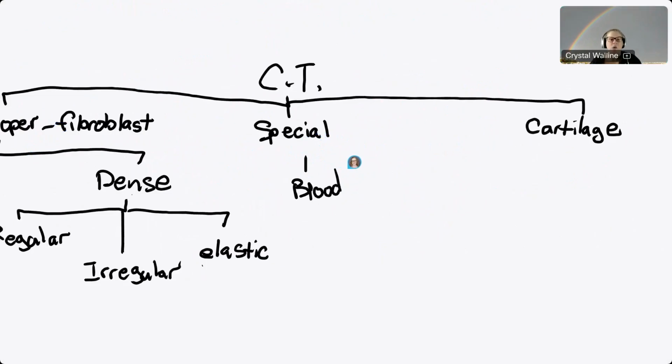And blood is in its own category because the main cell is not the fibroblast, it's blood cells. So this can be white blood cells, red blood cells, but you'll notice there's no fibroblasts. Our second subcategory of special connective tissue is bone.